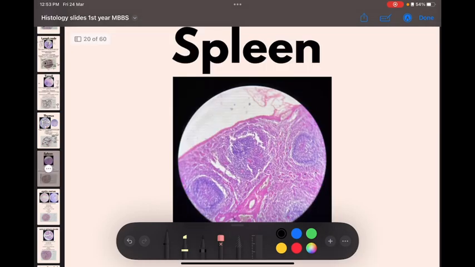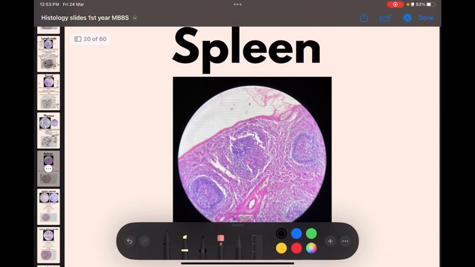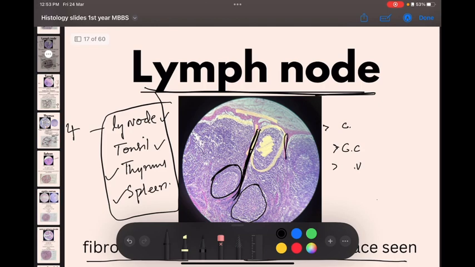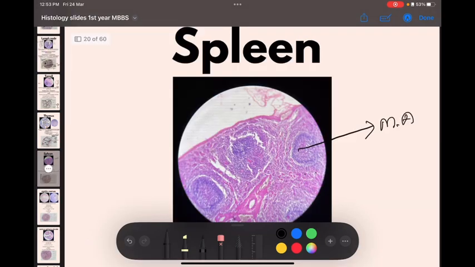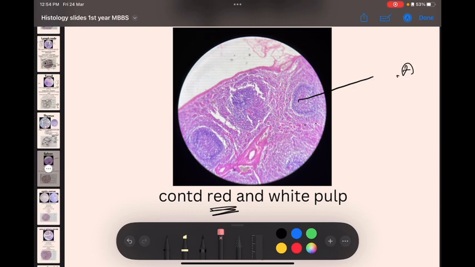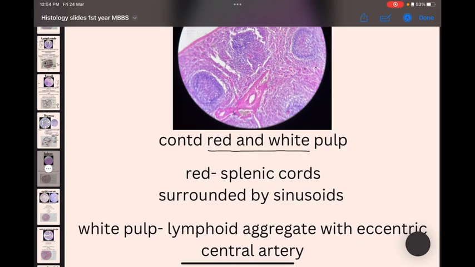The tonsil has mucus acini, whereas this does not contain mucus acini. Lymph node has trabeculae, but in spleen the major feature is red pulp and white pulp. By seeing this, you can identify that this is a slide of spleen. It contains red and white pulp.